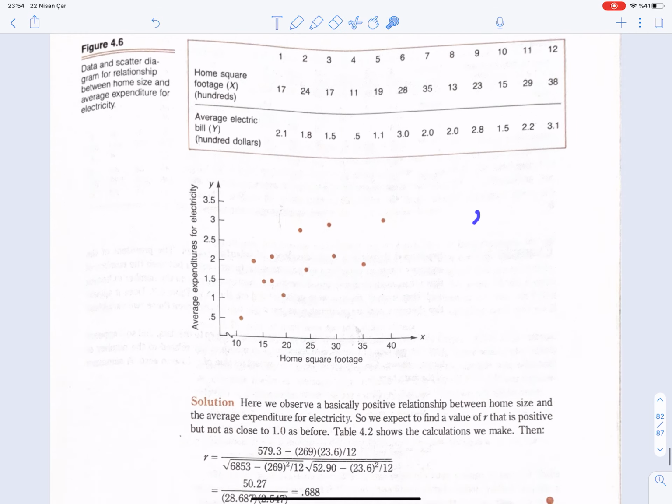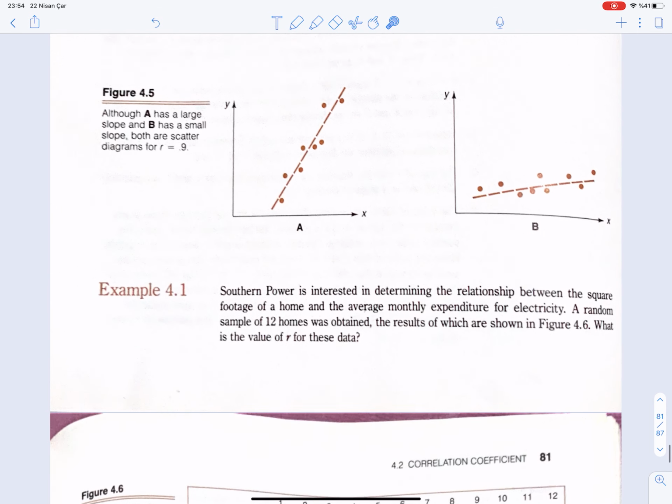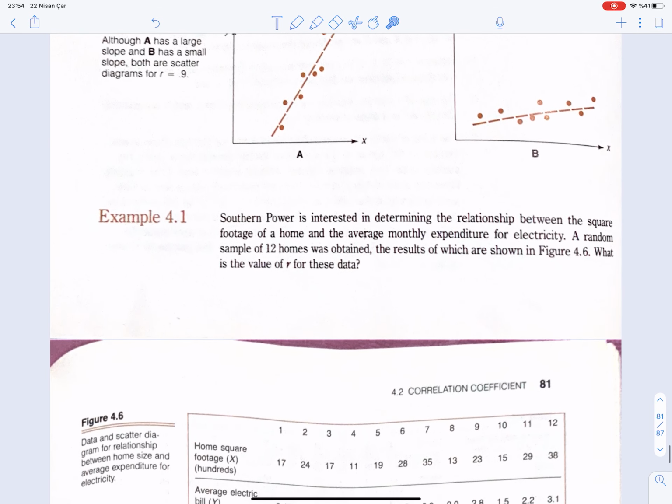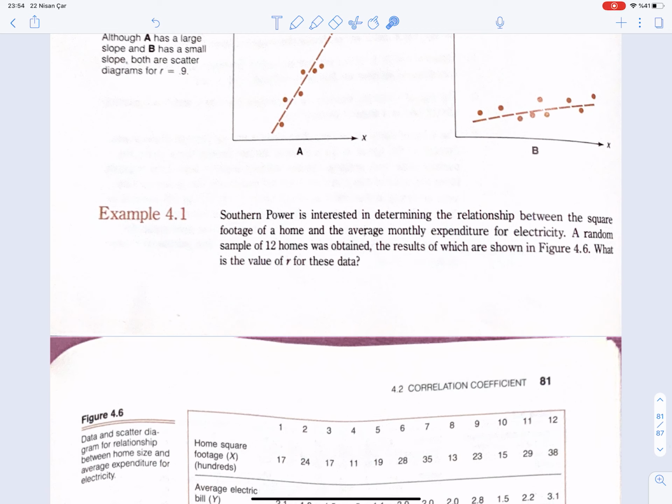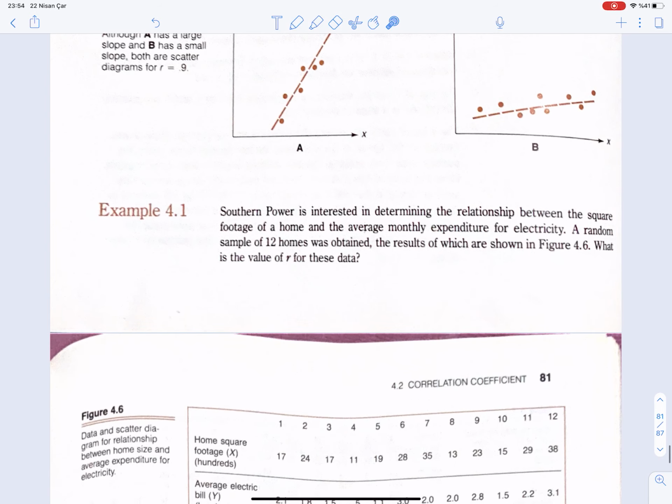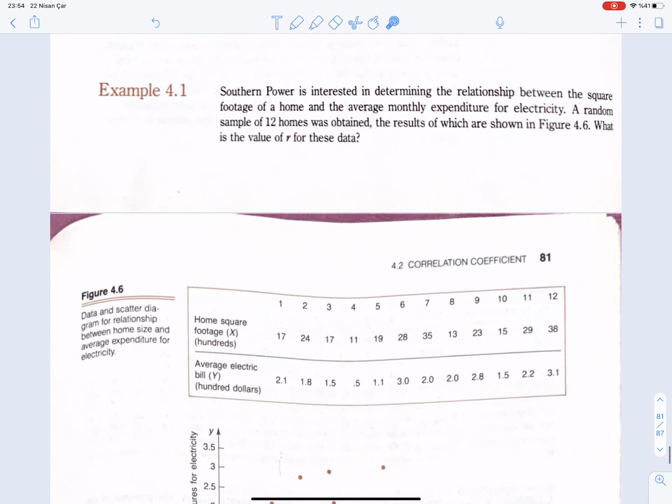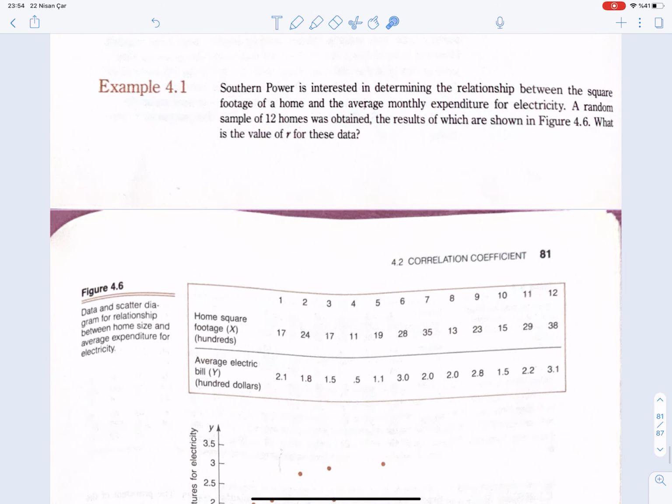Let me read the example. Southern Power is interested in determining the relationship between square footage of a home and the average monthly expenditure for electricity. A random sample of 12 homes was obtained, the results of which are shown in figure 4.6. And what is the value of R for this data?